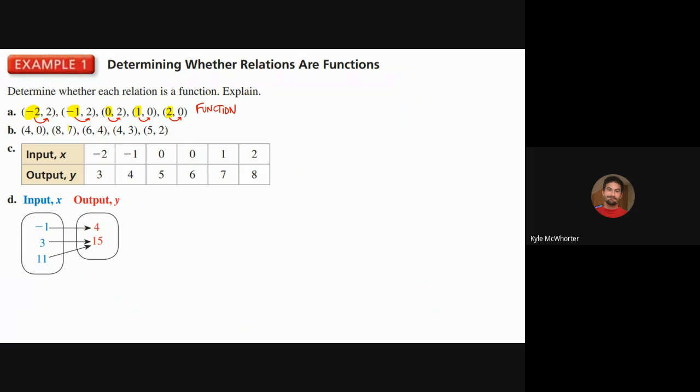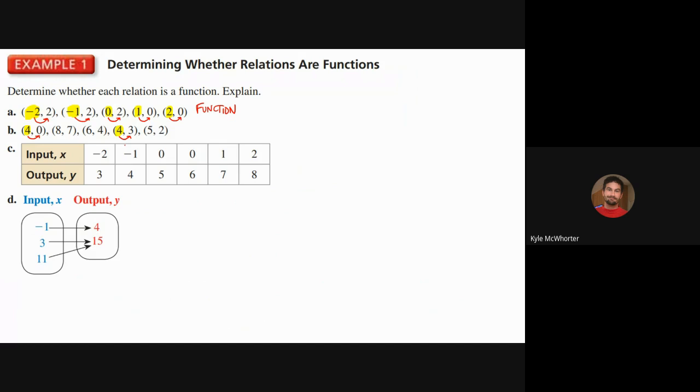So if you look at part B, if you look at just the input 4, we have the input 4 showing up twice. But each time it's getting paired with a different output. The first time, 4 is getting paired with 0 as an output. The second time, the input 4 is getting paired with 3 as an output.